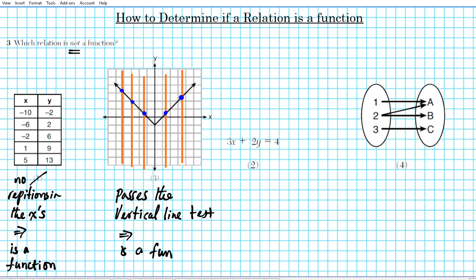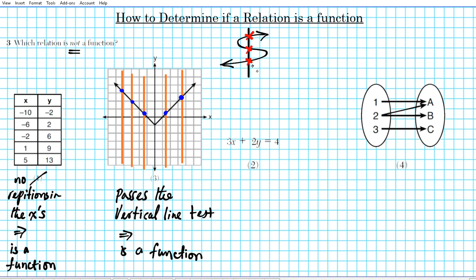Now let me show you an example of a graph that fails the vertical line test. Let's say you have something like this. Do you see why this fails the vertical line test? This relation is not the graph of a function, because if I draw a vertical line right here, you have 3 intersections. This is good, but we have another intersection and another intersection.